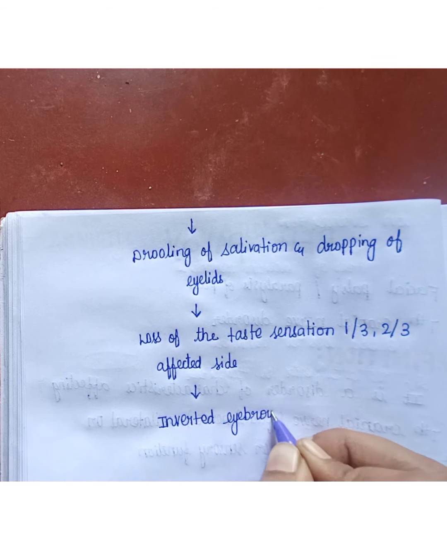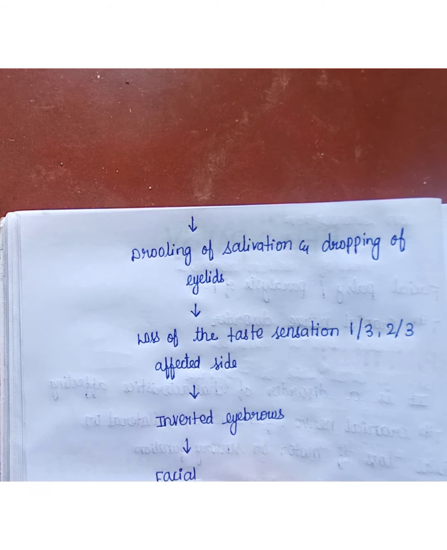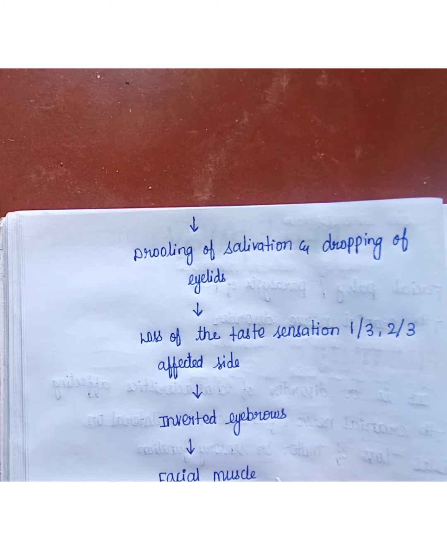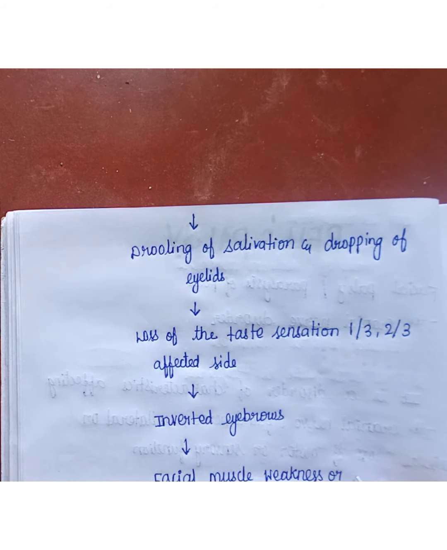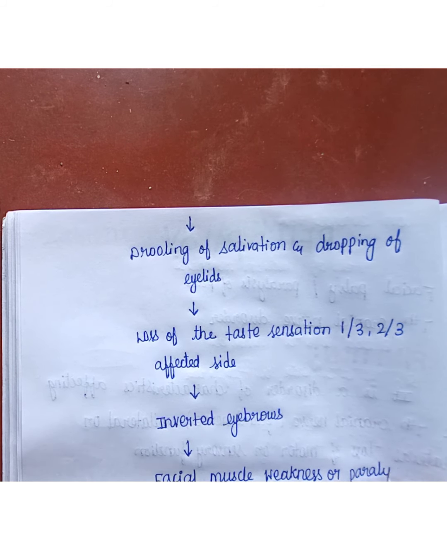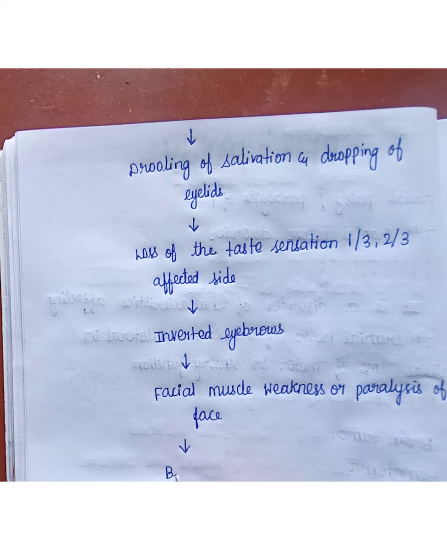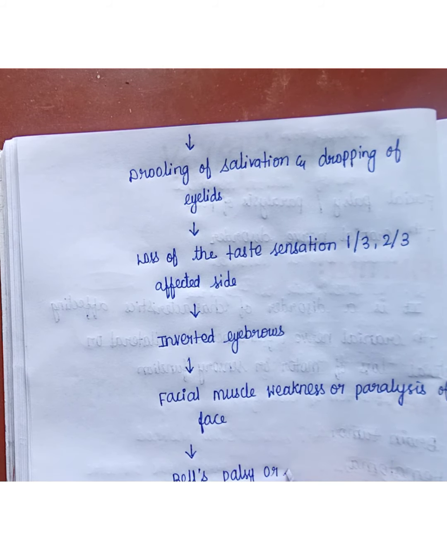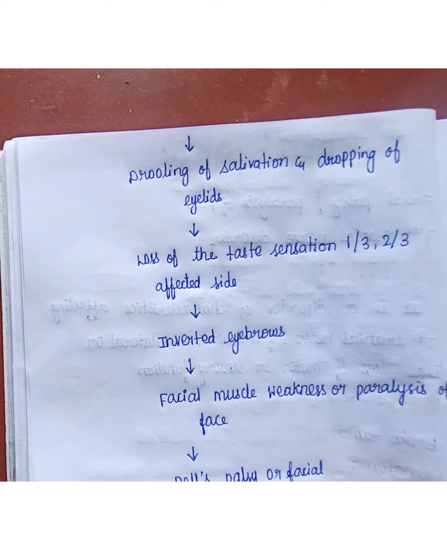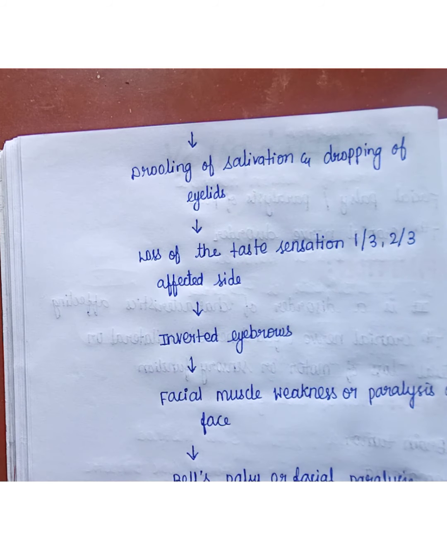Inverted eyebrows lead to facial muscle weakness or paralysis of the face. So this leads to Bell's palsy or facial paralysis. So this is about pathophysiology.